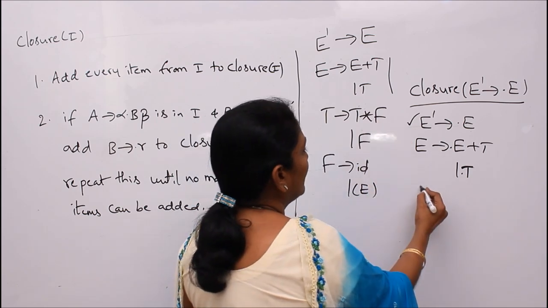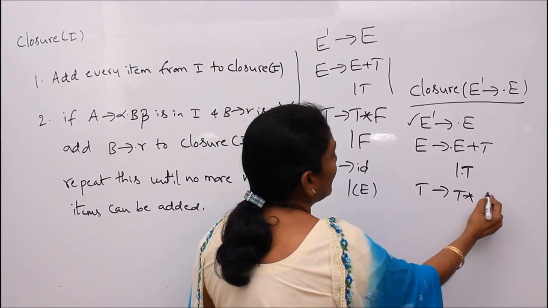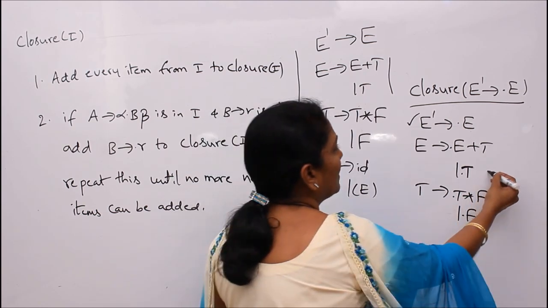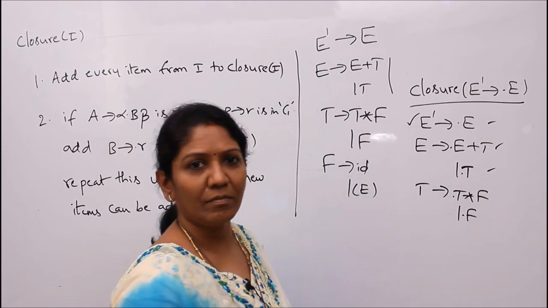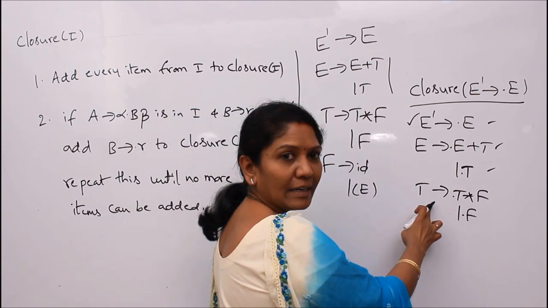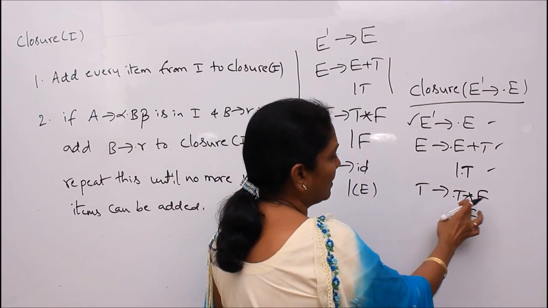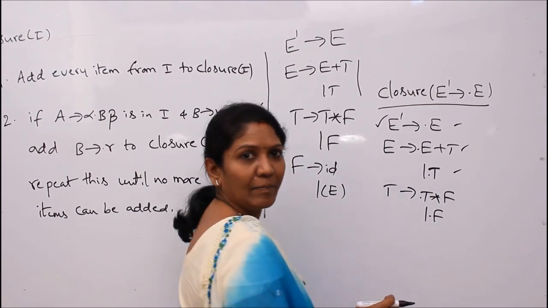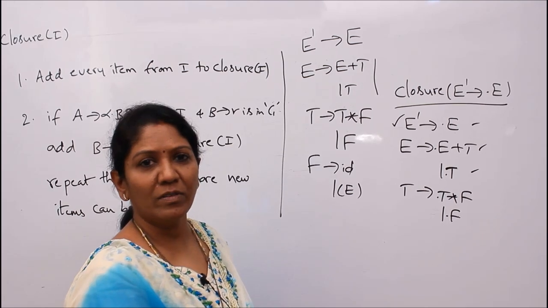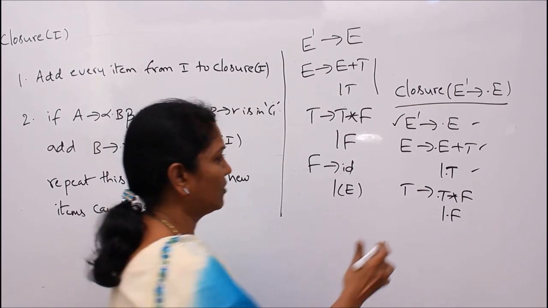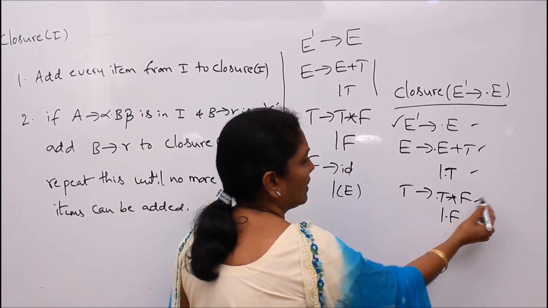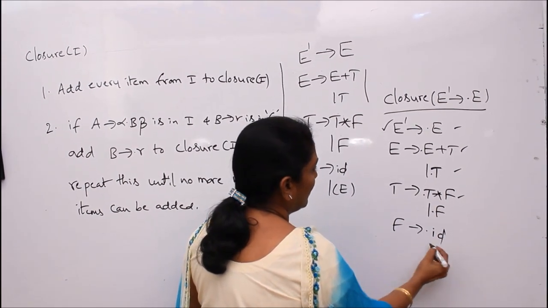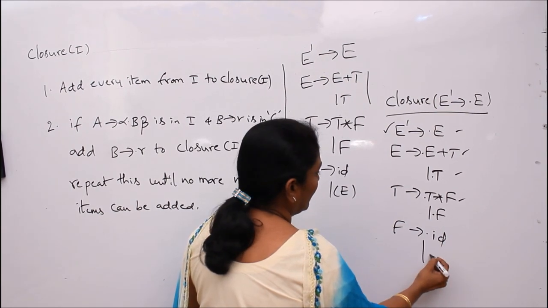Take the rules for T, add it with dot at the beginning. So we have completed so far here. And even for the newly added items, once again verify. Whenever the grammar symbol that follows dot is a non-terminal, take the rules and add it with dot at the beginning. So here what you have is T. For T already it is added. Now for F, F → dot ID and F → dot (E).